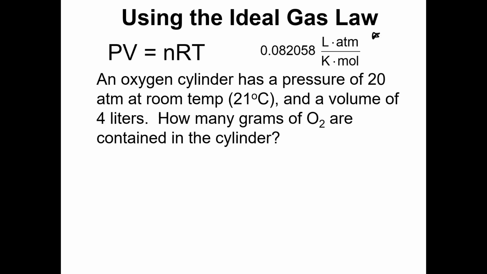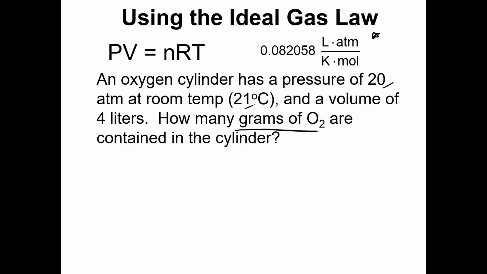And I ask, an oxygen cylinder has a pressure of 20 atm at room temperature. So we know temperature, we know pressure, and a volume of 4 liters. Okay, let's say 4.00, but it doesn't matter because we have technically one significant figure here, 2 there, but so 4 liters. How many grams of oxygen are contained in the cylinder? So the only problem here we have are the grams.